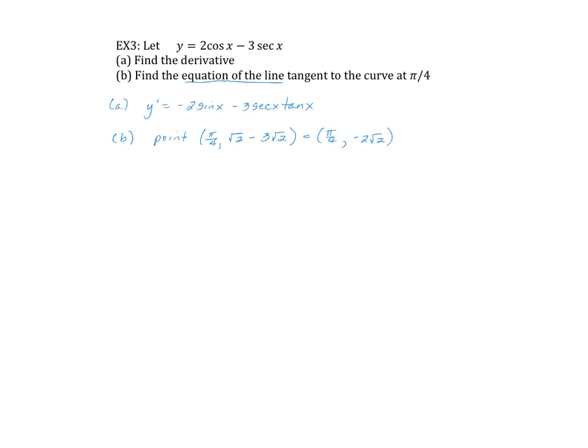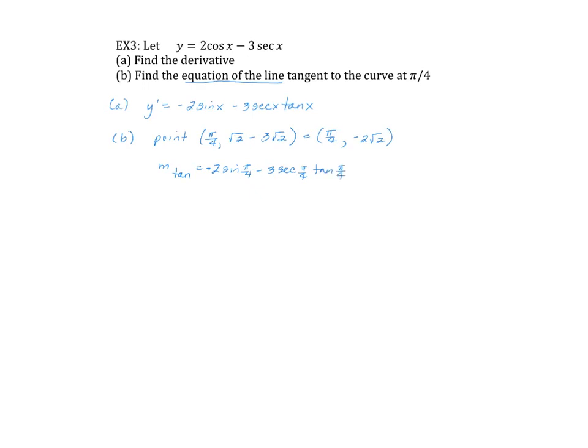I have a point. Now I need the slope of my tangent line. And the slope of the tangent line is going to be equal to the derivative, but we have to evaluate the derivative at pi over 4. Some people forget about that, and just plug the derivative in there. Oops, sorry, that's a negative 2 sine of pi over 4 minus 3 times secant of pi over 4 tangent of pi over 4.